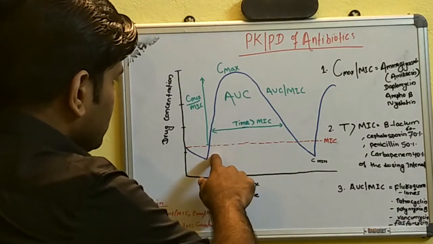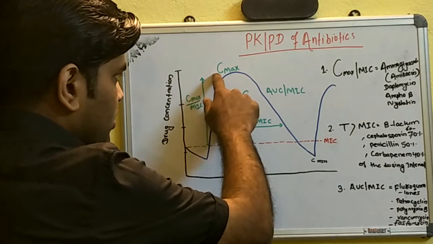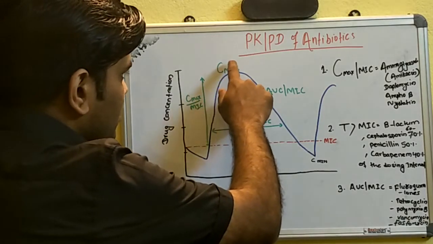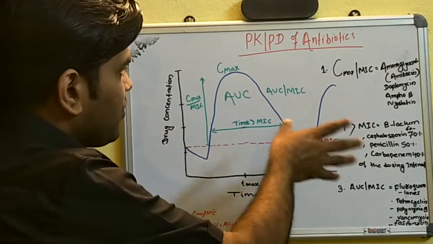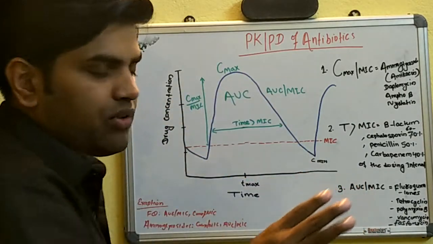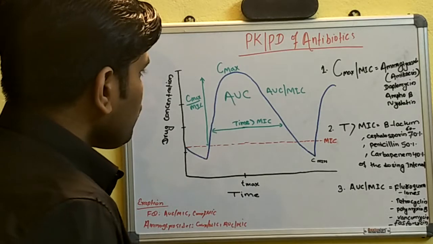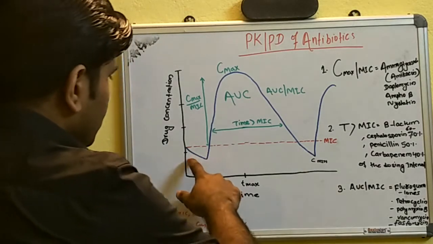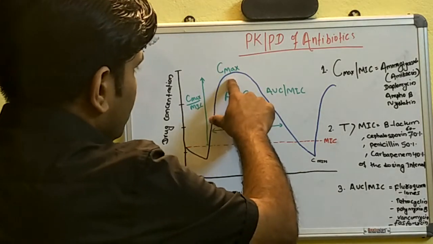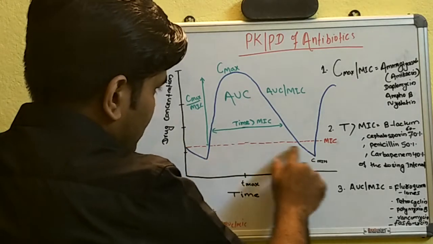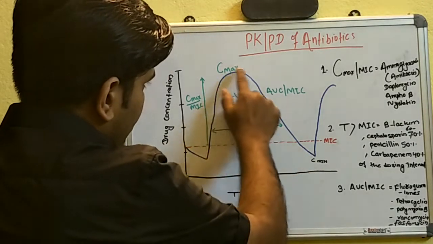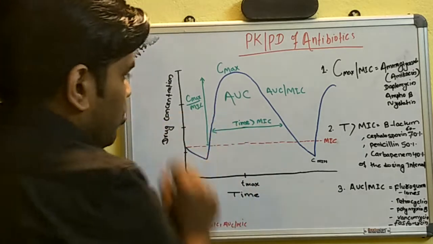The maximum concentration is achieved, and after that, according to the half-life of the drug, it goes down to below the MIC and normal level. So this is Cmax, then this is MIC, and the area under the curve is also important.